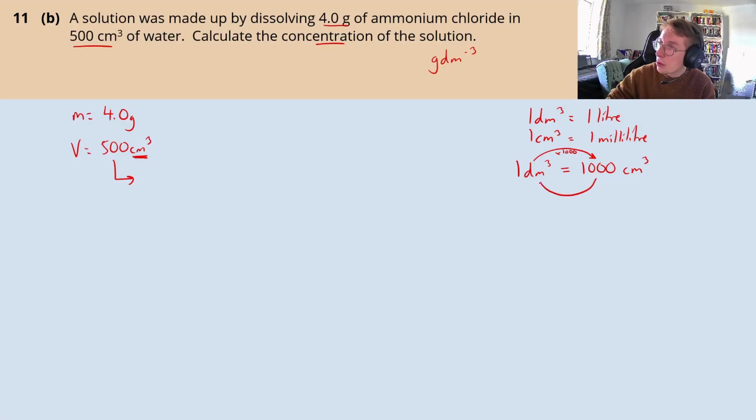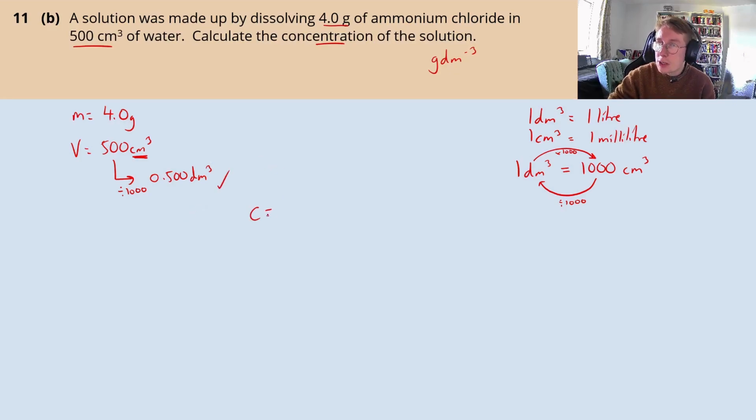But to go the other way and convert centimeters cubed into decimeters cubed, I need to divide by 1,000. So because I've got 500 centimeters cubed, I divide this value by 1,000 to find the volume in decimeters cubed. That gives me 0.500 decimeters cubed, and if you've done that conversion, you can have a mark.